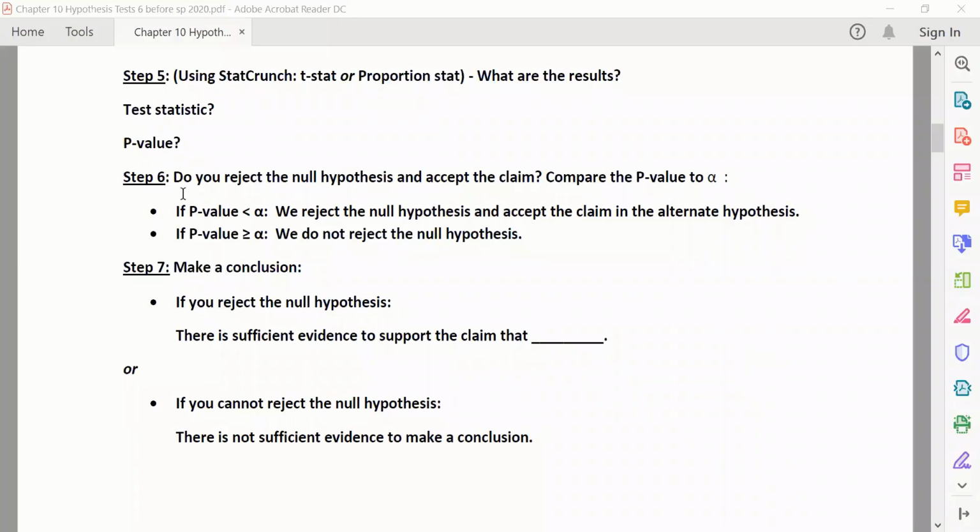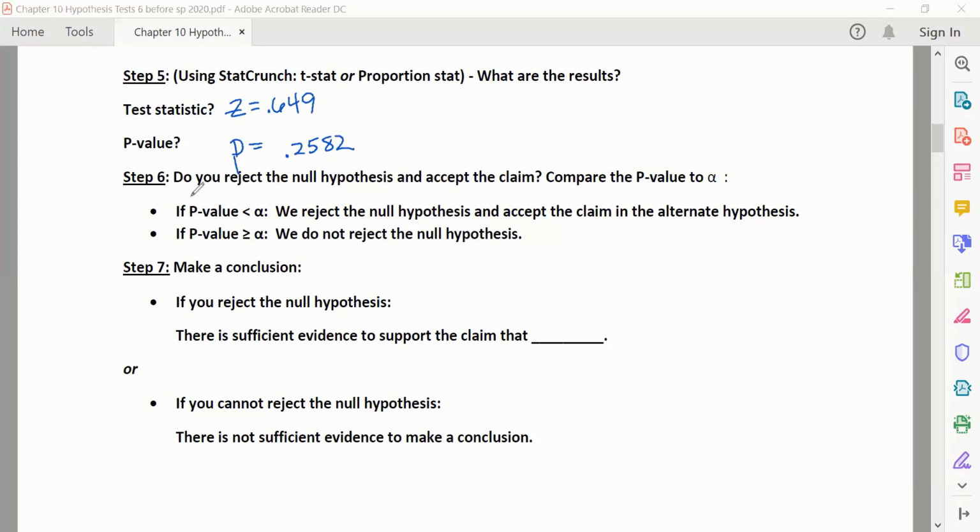Our test statistic Z is 0.649. And our p-value is 0.2582. Any questions?